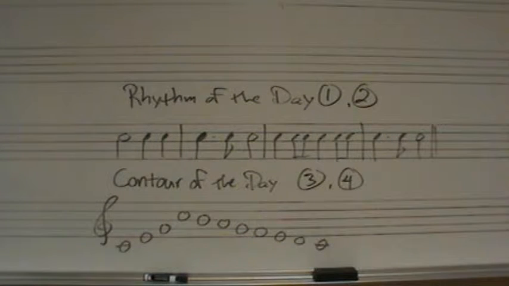Okay, your first note is going to be middle C. Middle C, that's the C below the staff. The half note, of course, on beat 1 as written in the rhythm of the day.